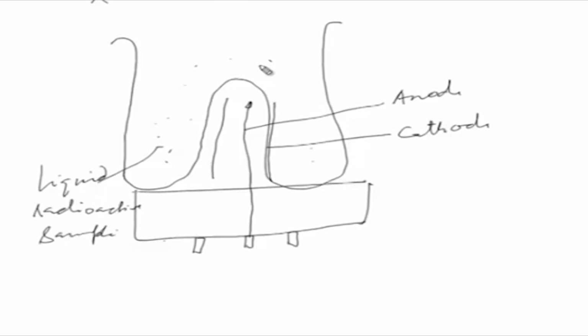All right. Before we go on, another important point is that in GM counters, there is a particular operating potential. If you recall this curve, it looks something like this, where there was a proportional region and then the GM counter region, and then you would have a continuous discharge. This region here is the GM counter region, or GM plateau, we can call it.